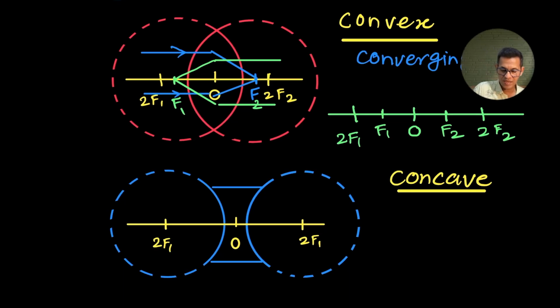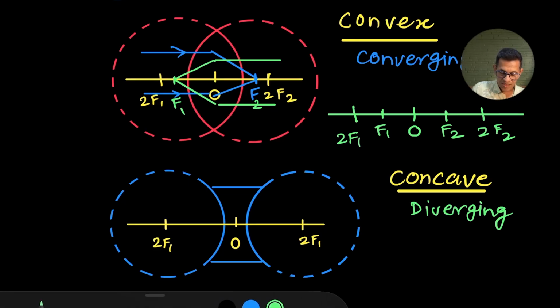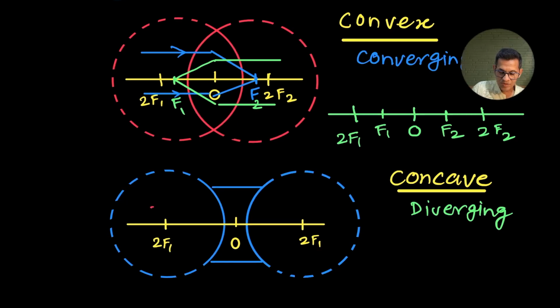We'll see the same thing in concave lens, but concave lens is diverging. These are diverging lens, which means if I pass light rays parallel to the principal axis of this lens, then these light rays will diverge in such a way that they will actually appear to diverge from a point on the principal axis.